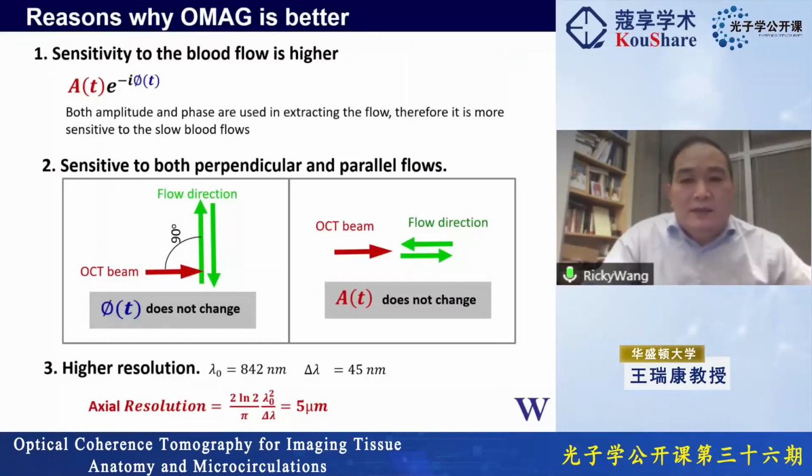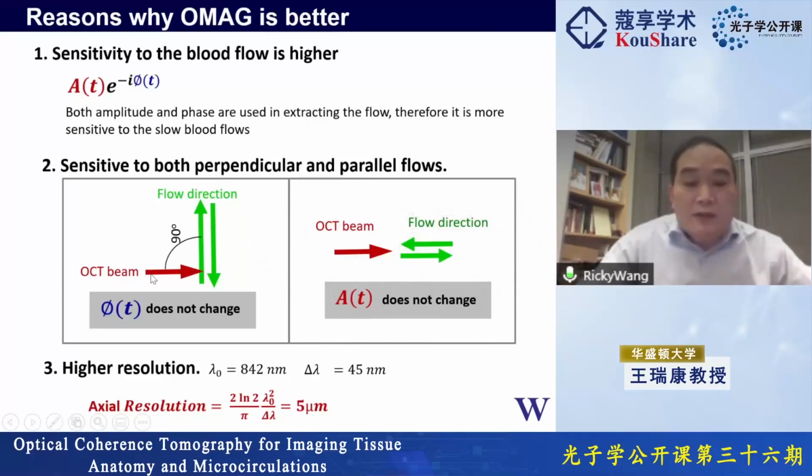Of course, because you are using the entire signal of the complex function to contrast the blood flow. So intuitively, it looks like the complex function gives you better results. And there's a couple of reasons why the complex function is better, and I give 2 examples here.